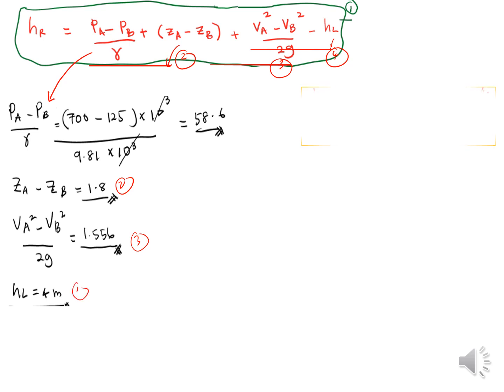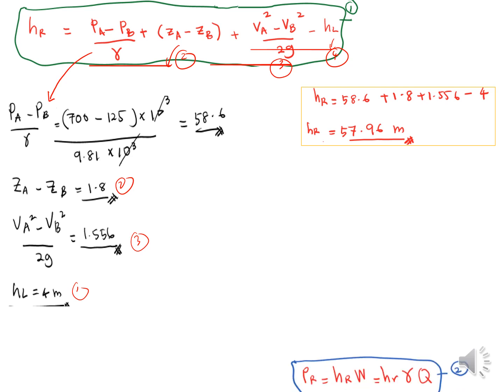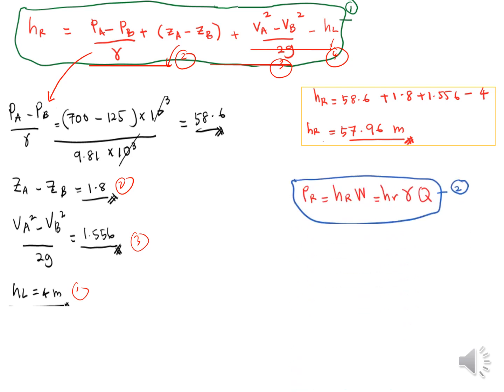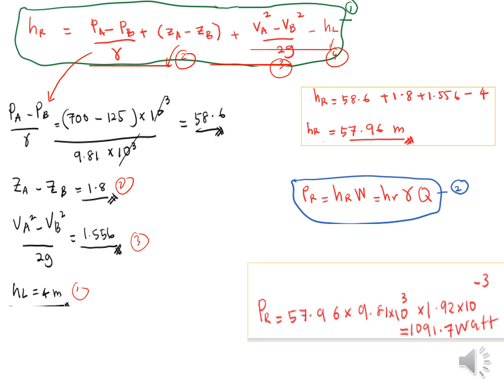Once you substitute all the values, you manage to get the value of HR, which is 57.96. Since the HR is already obtained, we can calculate the PR value, which can be substituted directly into this equation. So this is our PR value, which is 1091.7 watt, or maybe you can also write it down as 1.091 kilowatt.